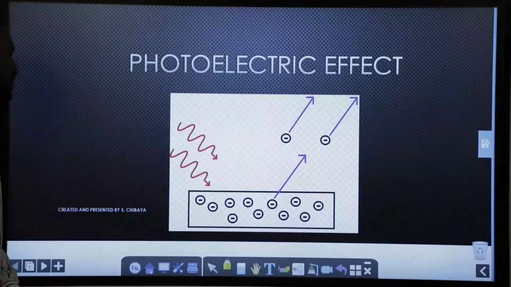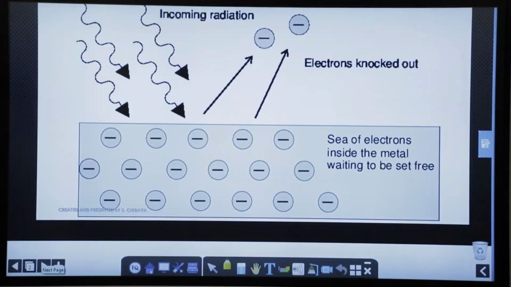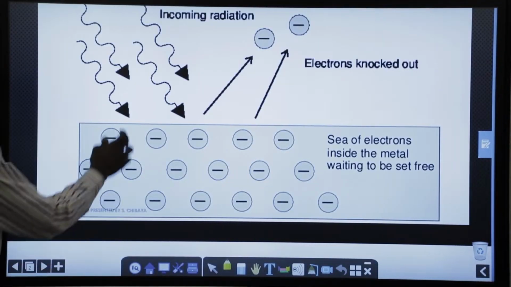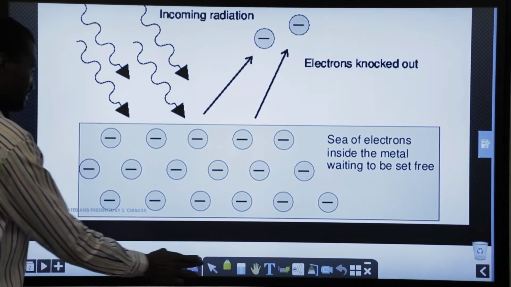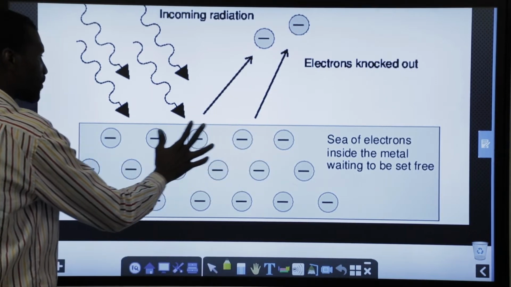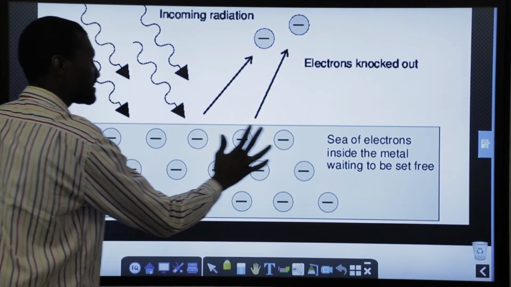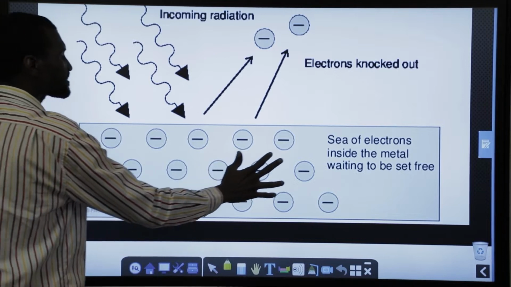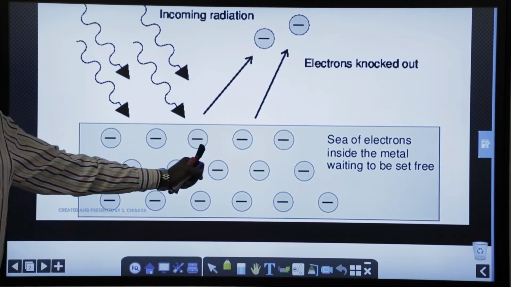Today, I'm looking at the photoelectric effect. What is it all about? Think of an incoming radiation. What does it do? It gets onto a metal, and inside the metal, there is a sea of electrons waiting to be set free.